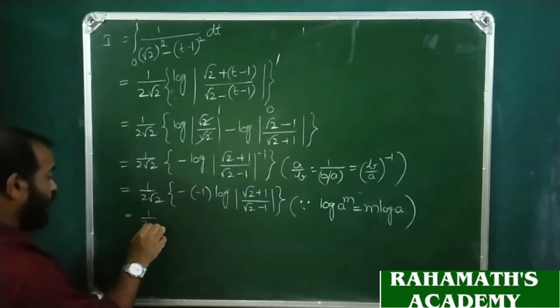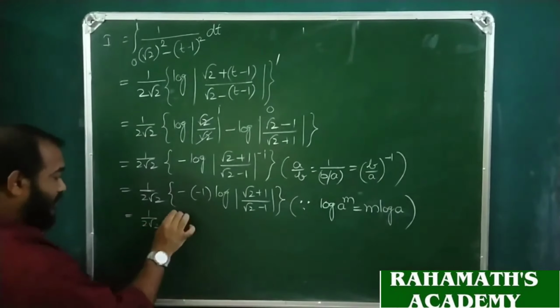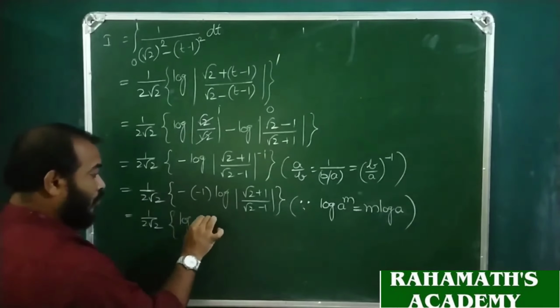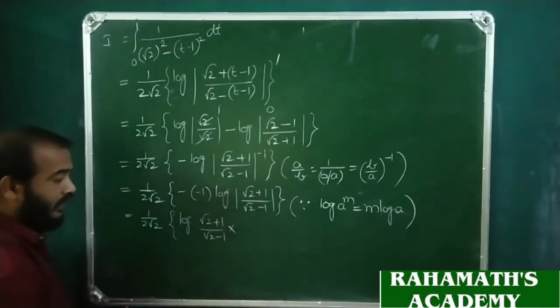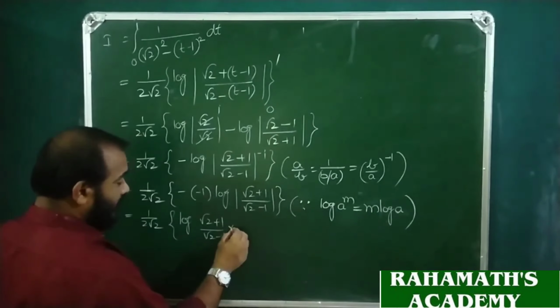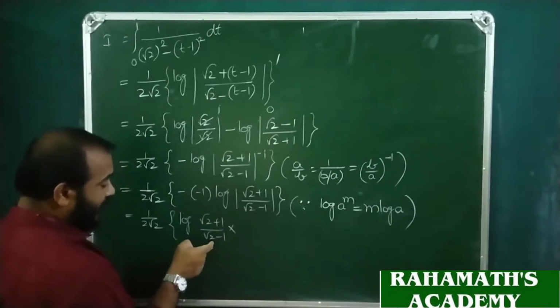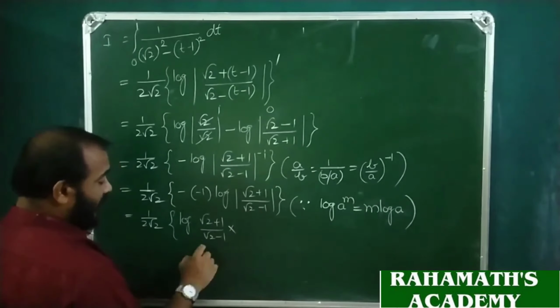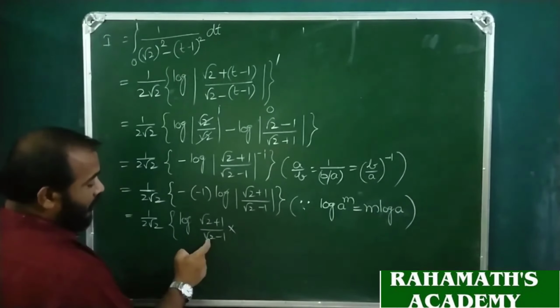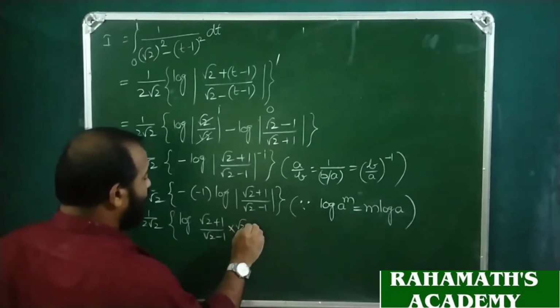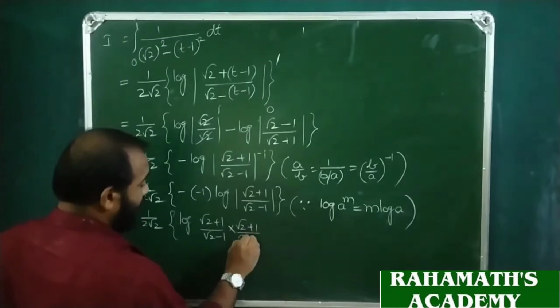Now 1 by 2 root 2, minus of minus is plus, log root 2 plus 1 by root 2 minus 1. I am doing the process of rationalization, rationalizing the denominator. With what do we need to multiply? Root 2 minus 1 means root 2 plus 1.